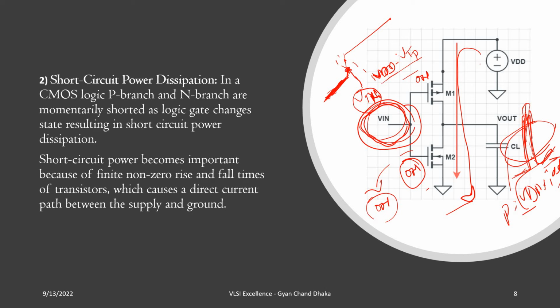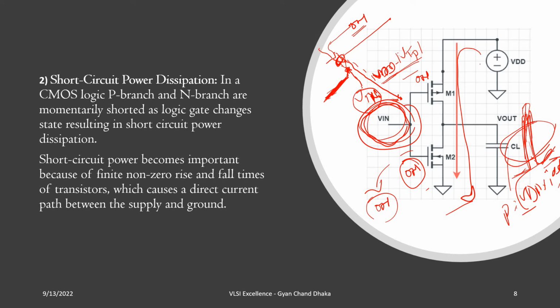When the input voltage reaches this level, the PMOS transistor will be off. So in between this time, both the NMOS and PMOS transistors are on. That means during this time, there is a large current flowing through the circuit, which is nothing but short circuit current, and the power associated with this is short circuit power dissipation.